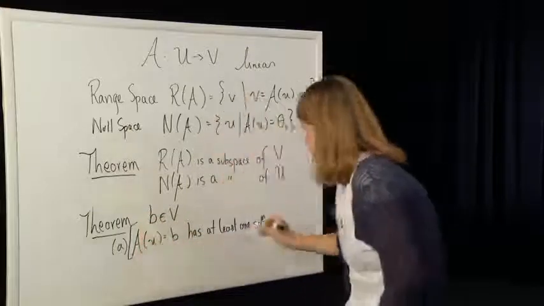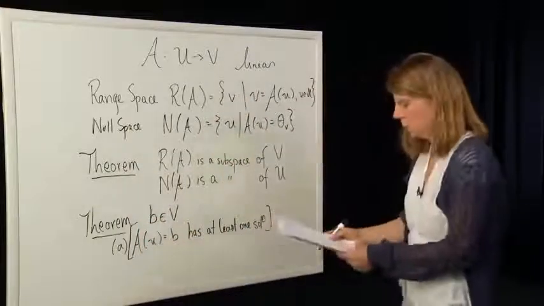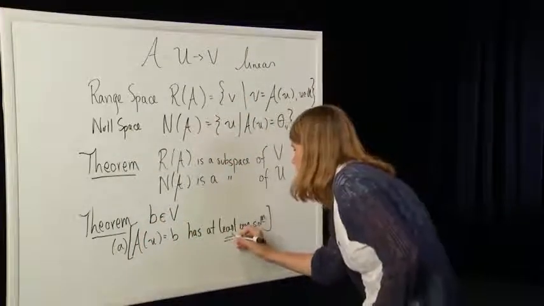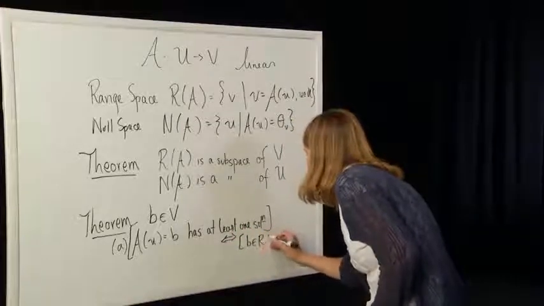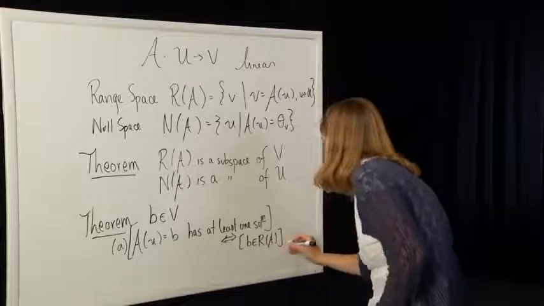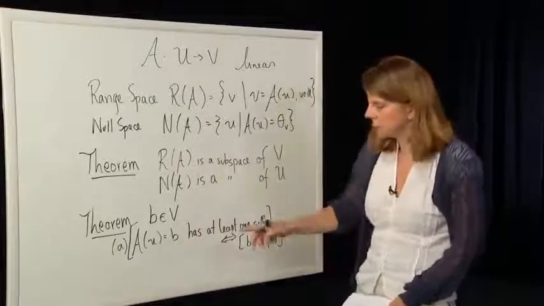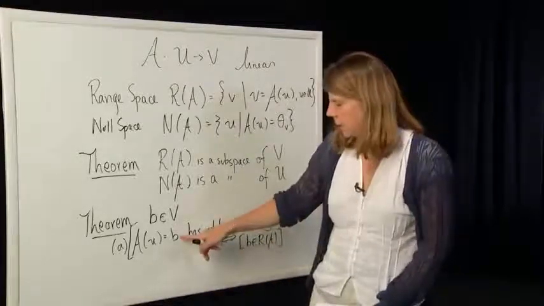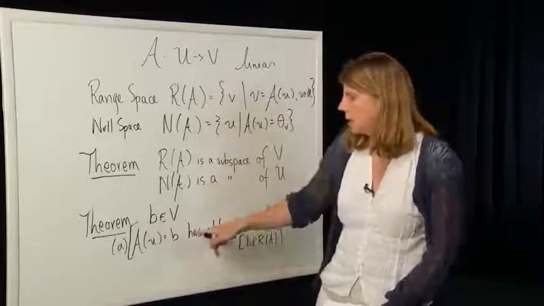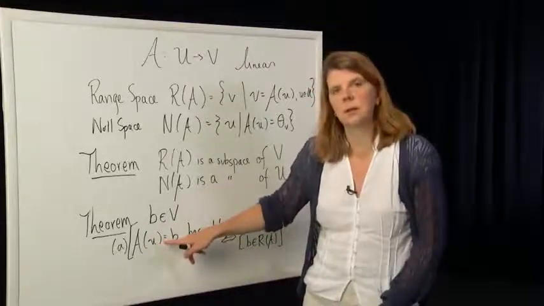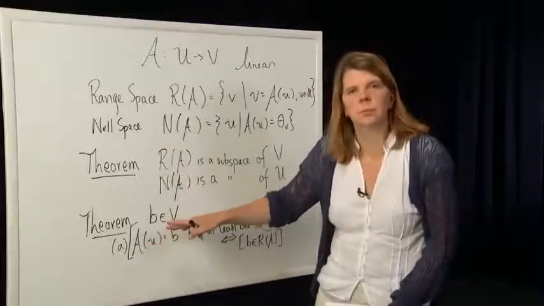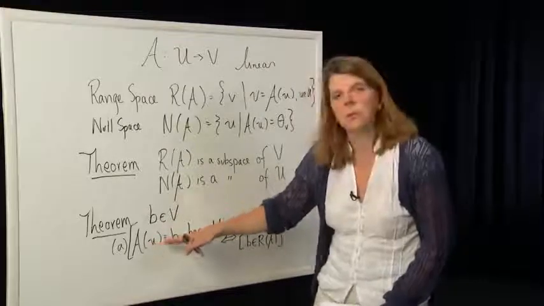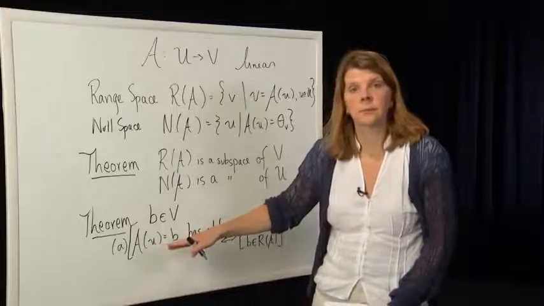That statement that it has one solution is equivalent to saying simply that B must be in the range of A. B in the range of A is the least we need for that equation to have a solution. We don't need that A is invertible. We don't need anything more than just B is in the range of A.